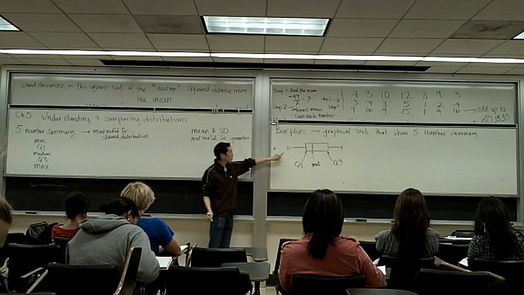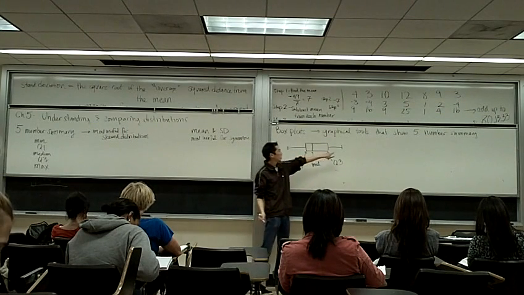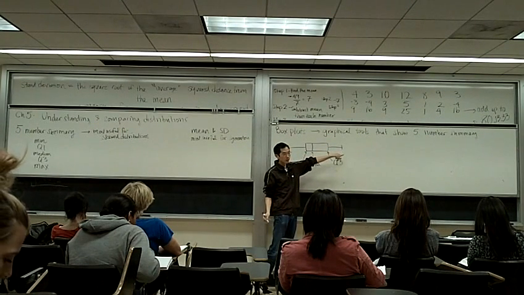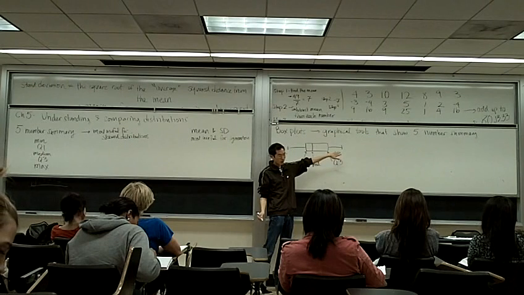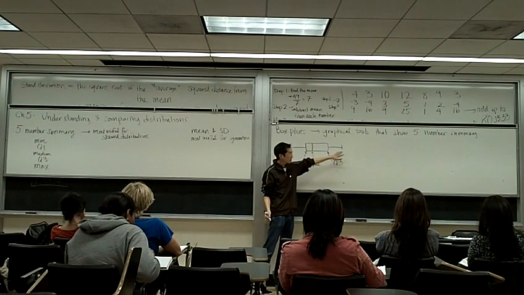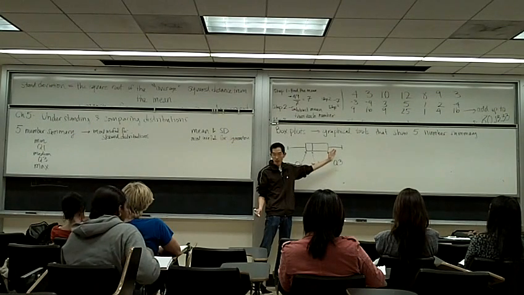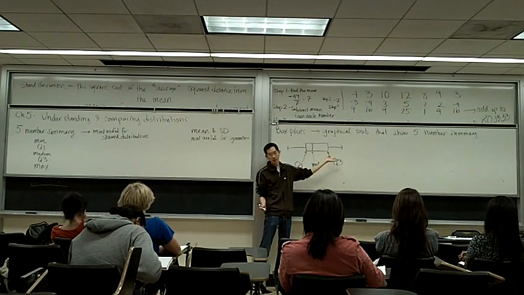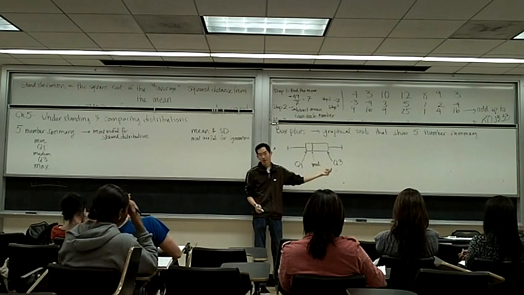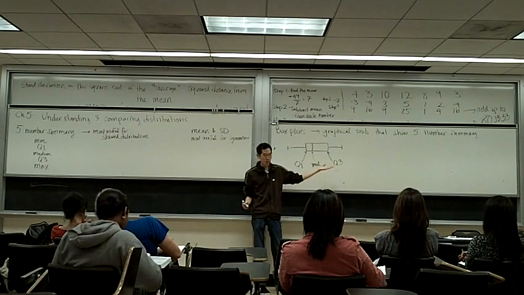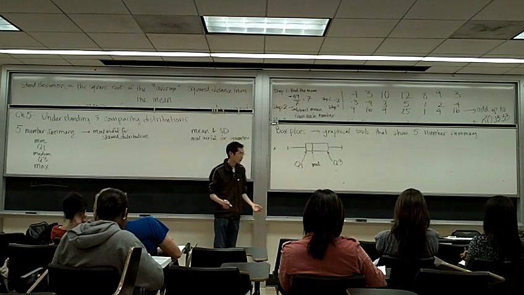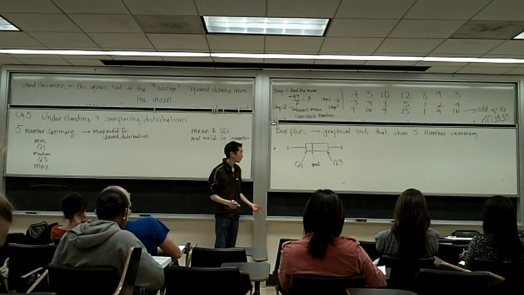And we might be tempted to say that this is the minimum and that's the maximum, but I have to make a caveat here and say a lot of times it is the minimum and the maximum, but a lot of times we also have outliers, and if we have an outlier, it is no longer the minimum and the maximum.